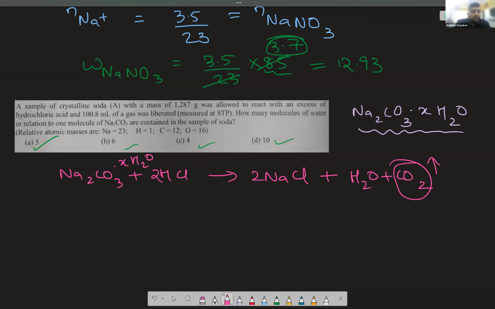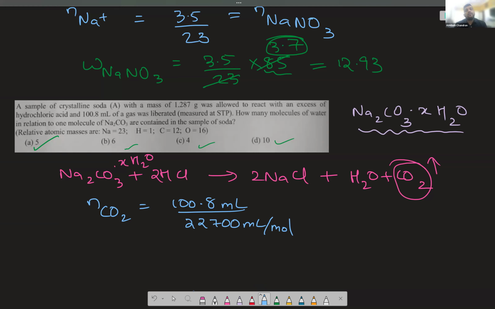So we have the volume of carbon dioxide given to us, right? From there, we can find the number of moles of carbon dioxide, which is 100.8 ml divided by the molar volume at STP. Strictly speaking, if just STP is given, I'm going to take 22,700 ml per mole as the molar volume, right?